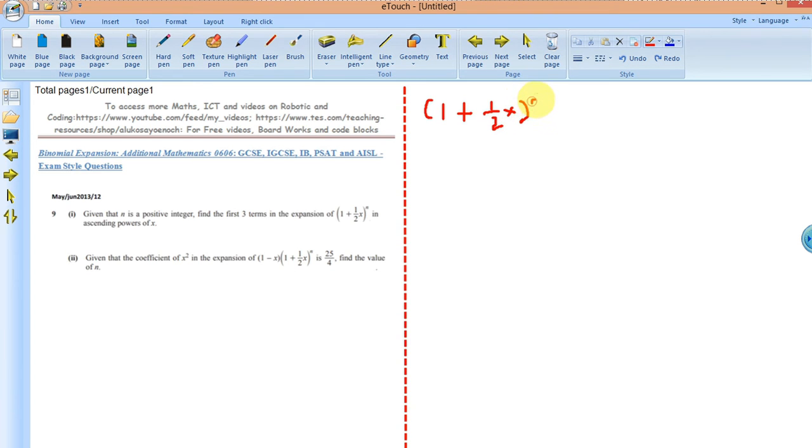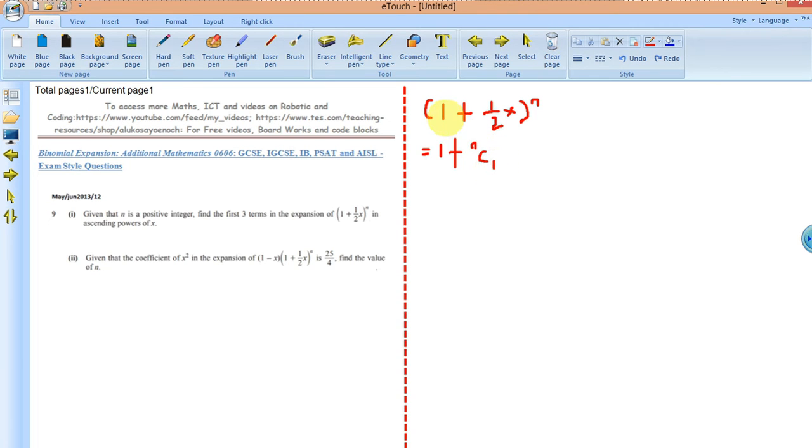Don't forget that this 1 is the multiplicative identity, so 1 raised to the power n, given that n is a positive integer, will still remain 1. So n combination 0 is 1, whatever the value of n is. So I have 1 plus n combination 1.